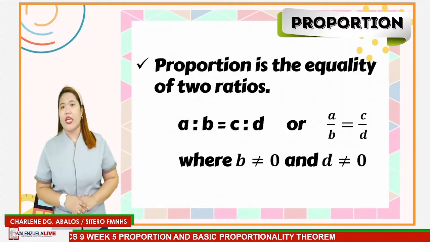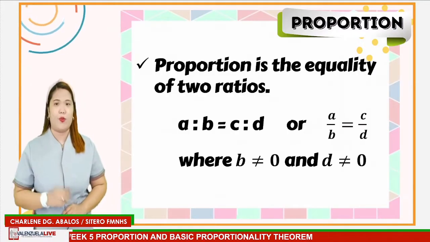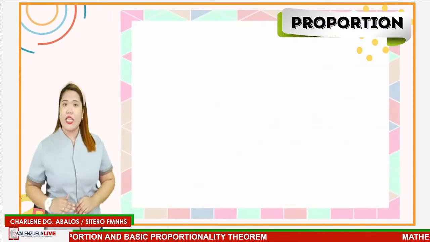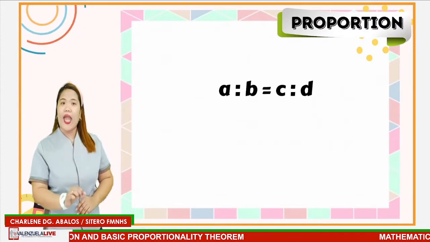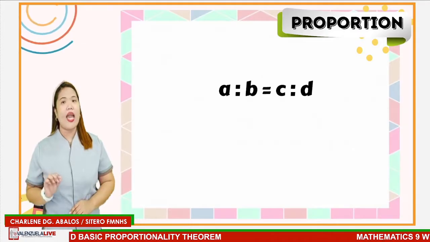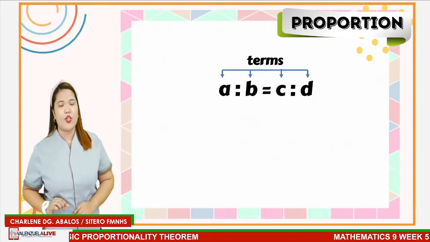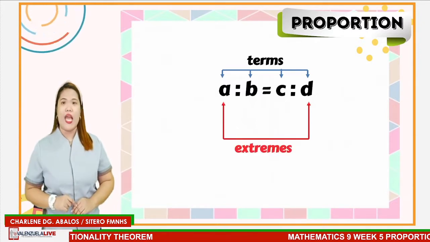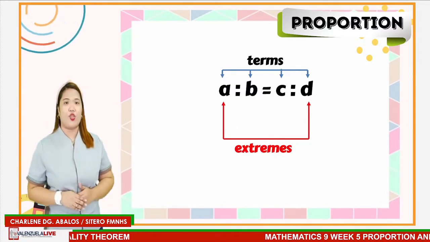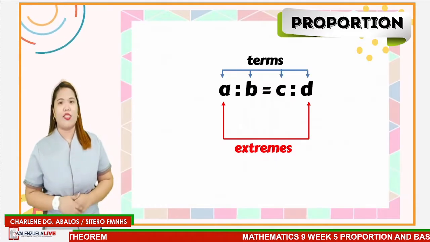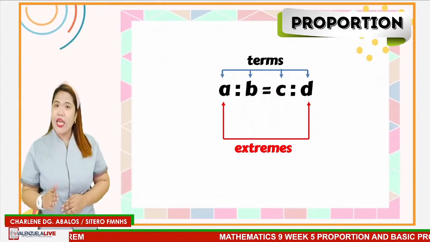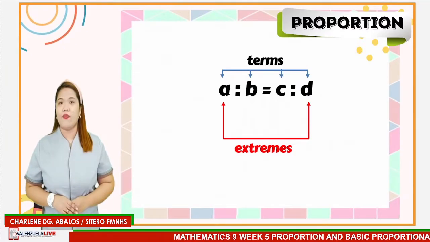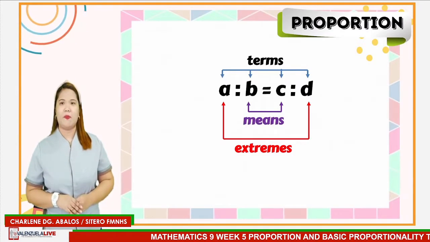Each quantity in a proportion is called a term. In the proportion a is to b as c is to d, the quantities a, b, c, and d are called terms. a, which is the first term, and d, which is the last term, are the extremes, while b, which is the second term, and c, which is the third term, are the means.